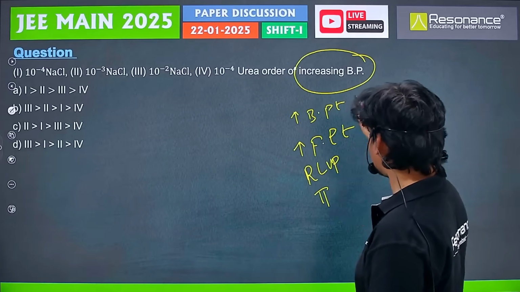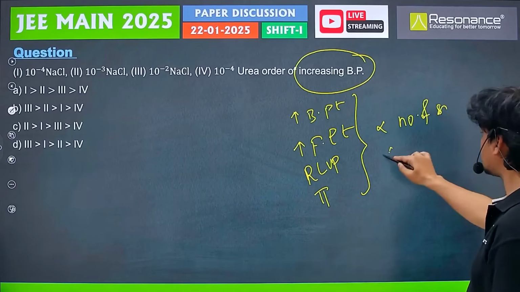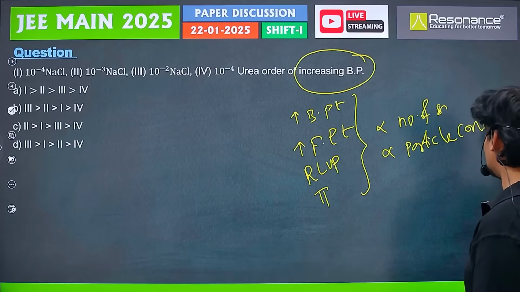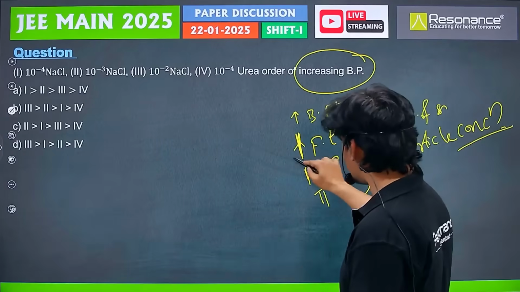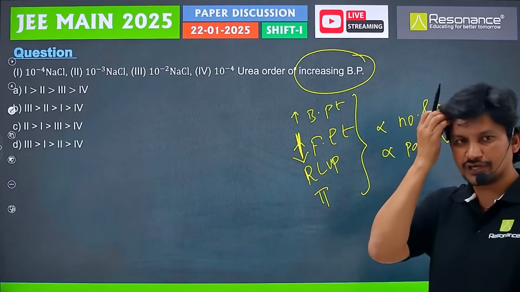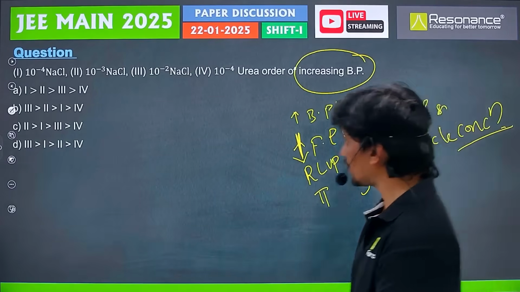Increase in boiling point, decrease in freezing point, relative lowering in vapor pressure, and osmotic pressure are directly proportional to the number of solute particles, or particle concentration.